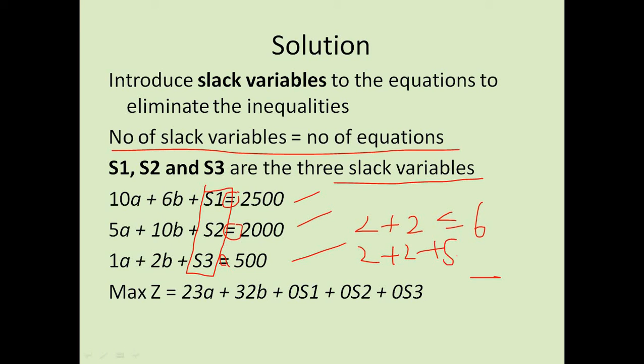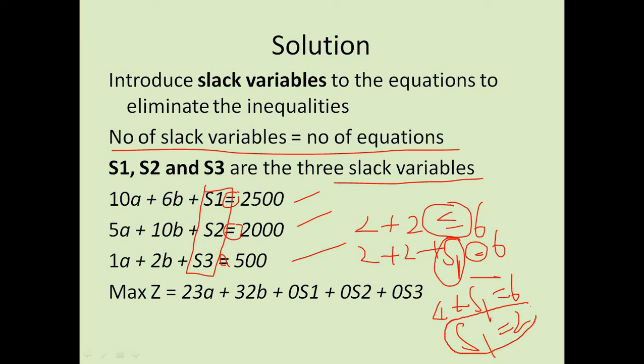Let me just give it as S1 itself equals 6. Now this equal to, make sure that this variable has got some value which is going to correct this as equal to 6. Now 4 plus S1 equals 6, and S1 equals 2. So this has a value for sure, and the main objective is to find S1, S2, S3, and likewise find A and B values as well.